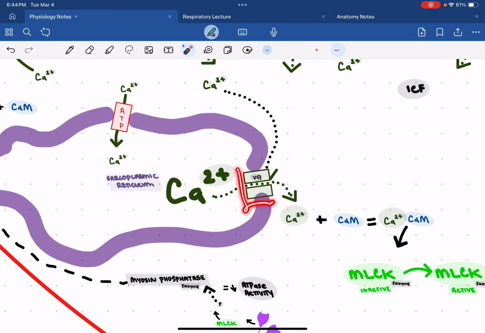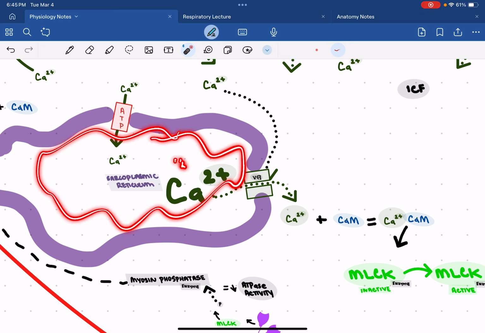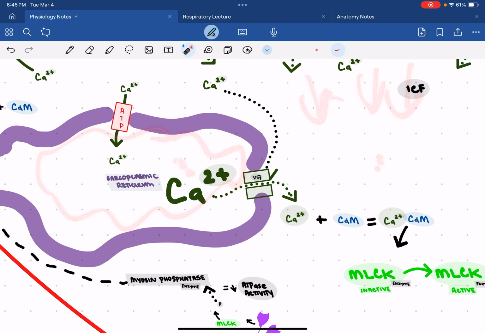It has triggered this voltage gate to open. And remember, our sarcoplasmic reticulum is a storage zone for calcium. So calcium comes flooding out. No matter what, we're always going to have super high concentrations of calcium in here than in here, even if calcium's flooding in from the ECF.